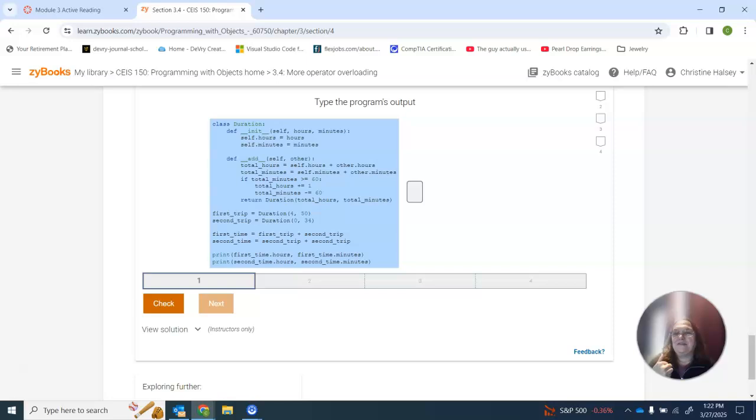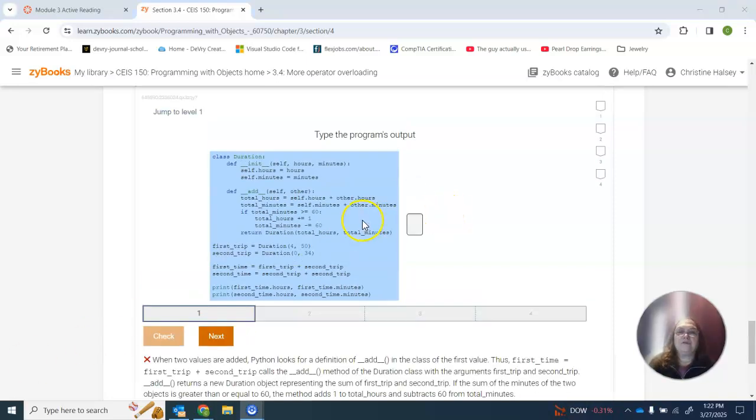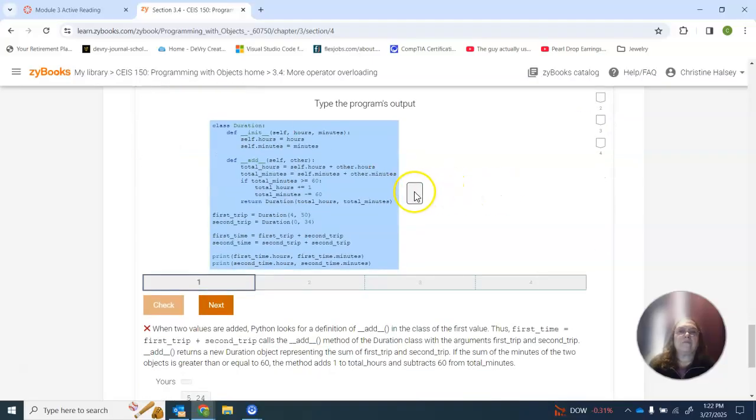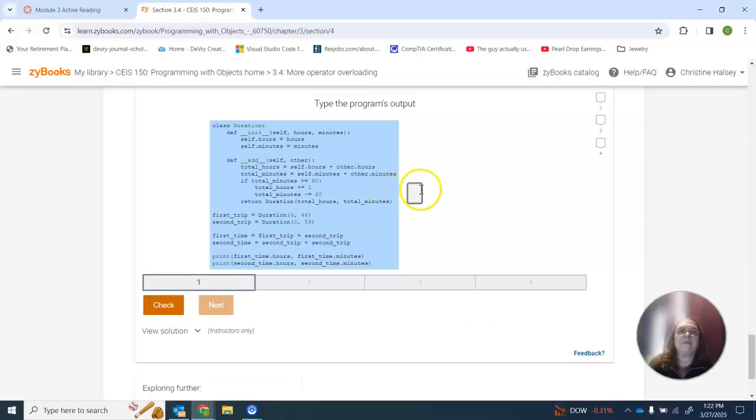Let me do the next one as well, and then we'll move on to the next part. So in this one, it's the same thing. We're adding first trip and second trip, 450 and 34. So we have a 4. Oh, never mind. 346 and 53.